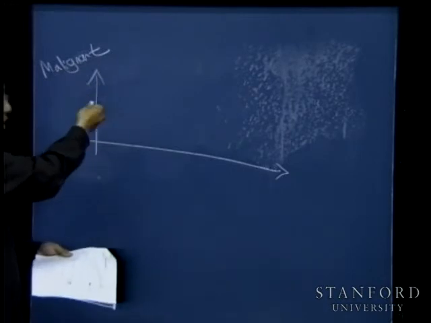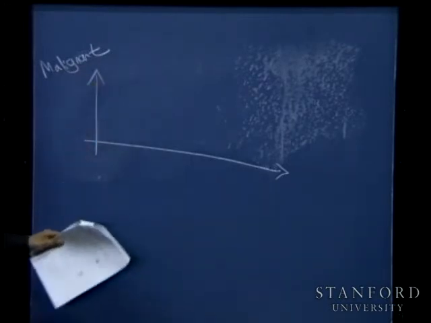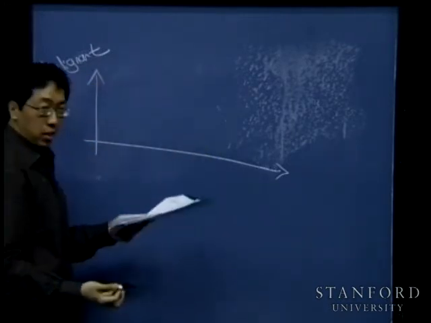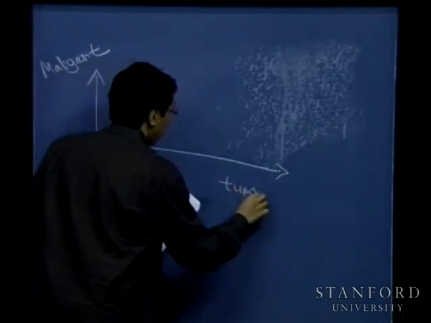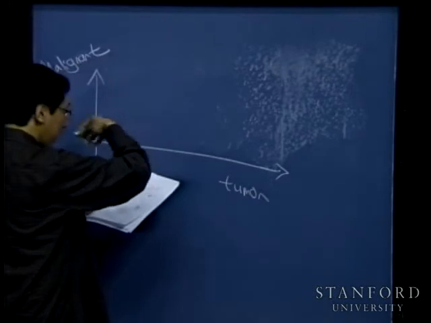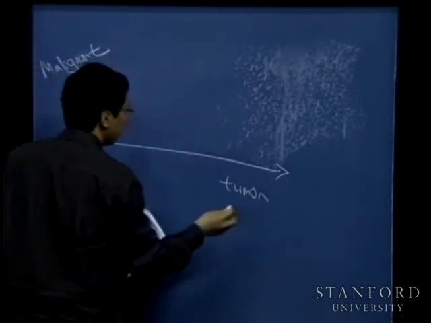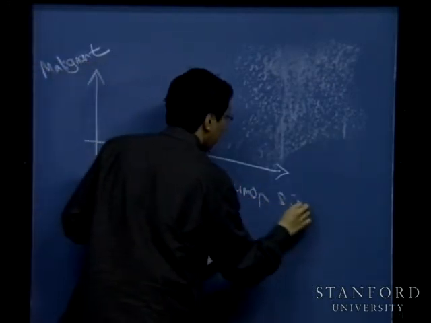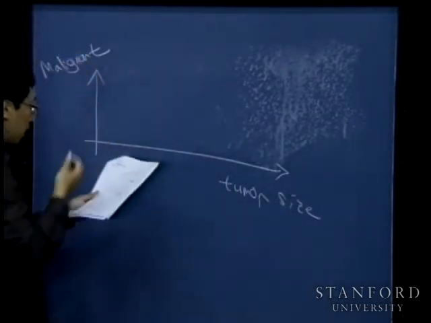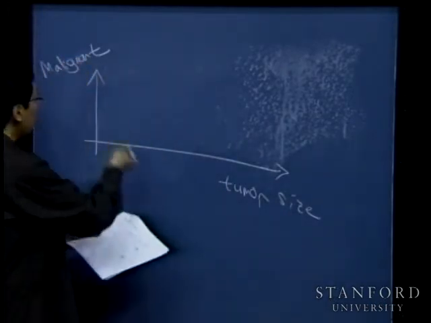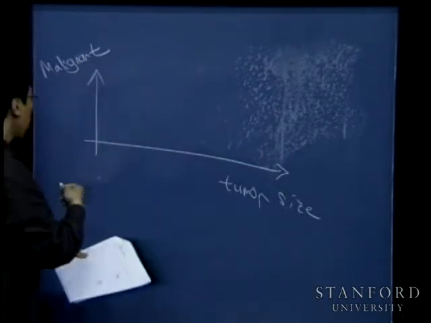So malignant means it's sort of a harmful, bad tumor. So we collect some number of features, some number of properties of these tumors, and for the sake of having a simple toy explanation, let's just say that we're going to look at the size of the tumor, and depending on the size of the tumor, we'll try to figure out whether or not the tumor is malignant or benign.